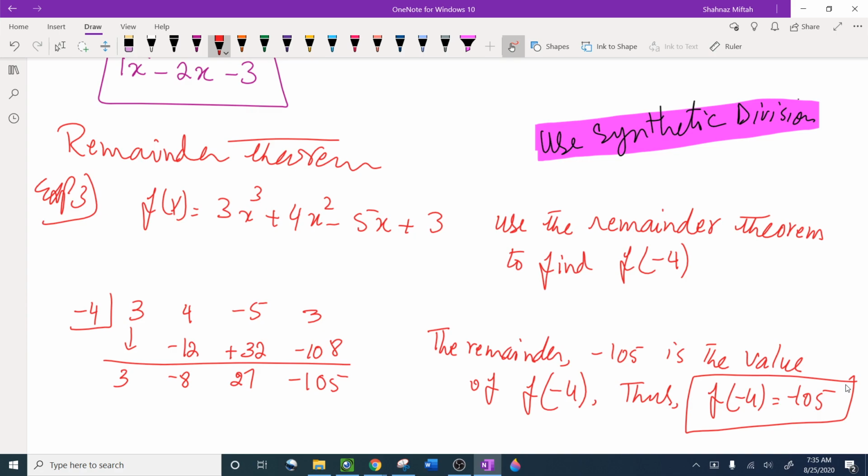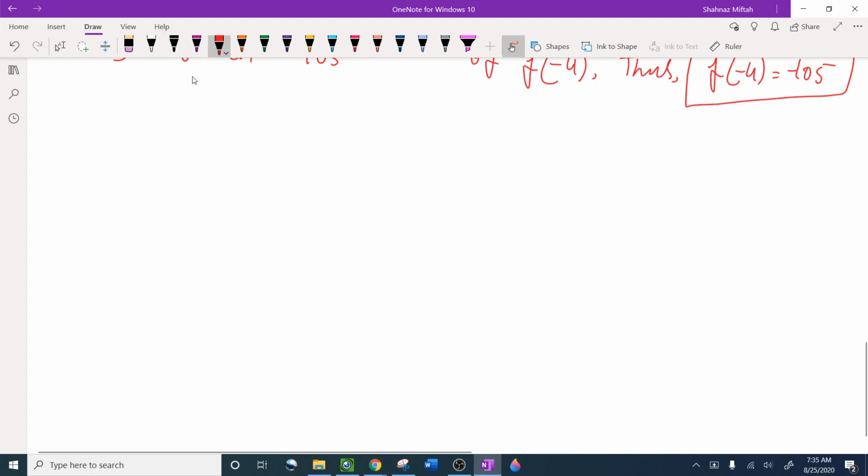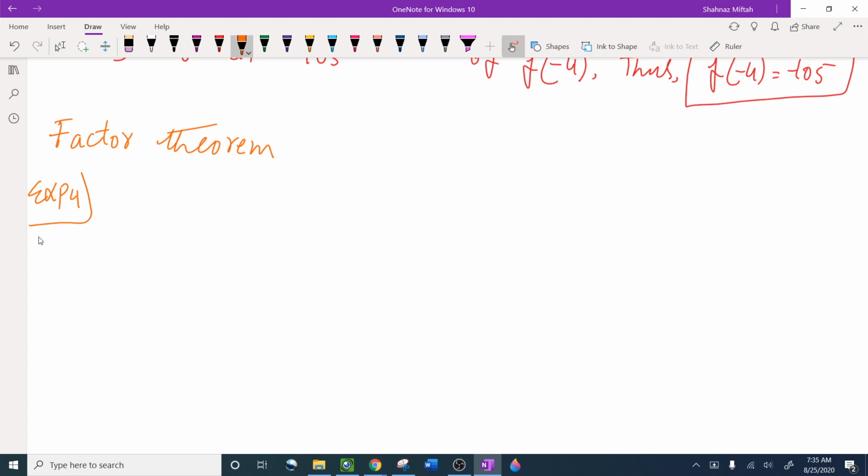Okay, the last one is example number 4, and that's the factor theorem. Let's do factor theorem. For example, we have the equation 15x cubed plus 14x squared minus 3x minus 2 equals 0.